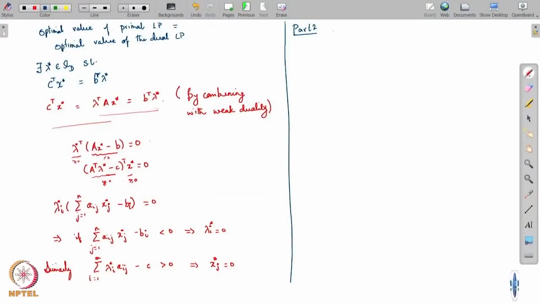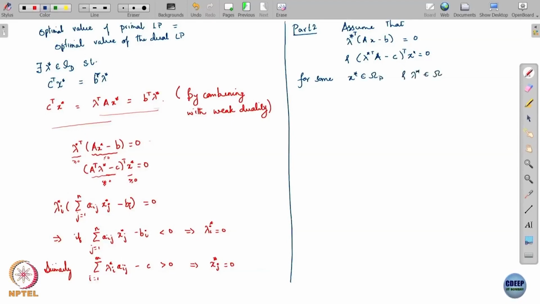So, assume that lambda star transpose (A x minus b) equals 0 and (lambda star transpose A minus c) the whole transpose x star equals 0, for some x star in omega p and lambda star in omega d.